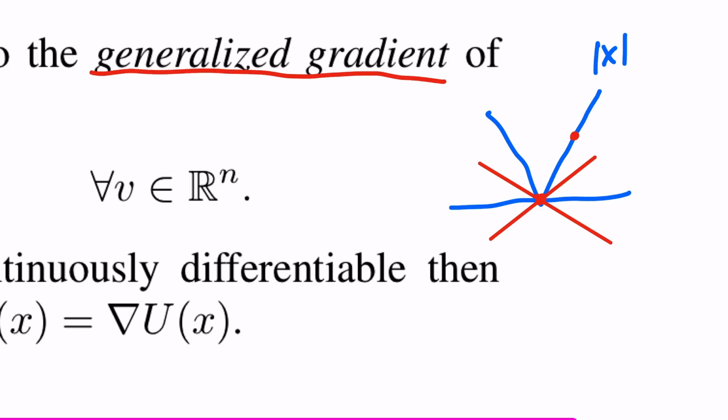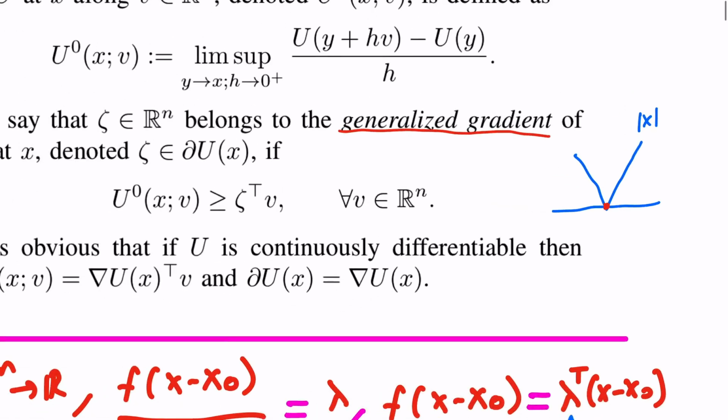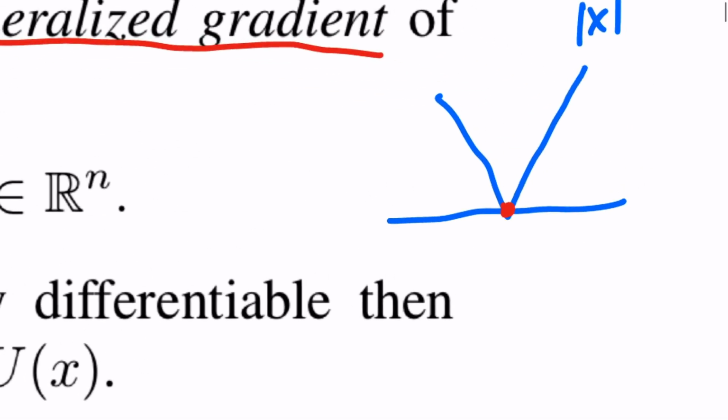For example, for this point, our derivative is this. However, for that specific point, we have not a single value but a set of values. So we have a set. So all those, let's say, tangent planes can be drawn like that.